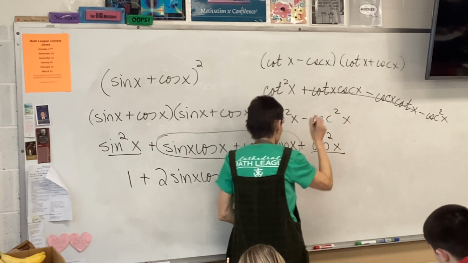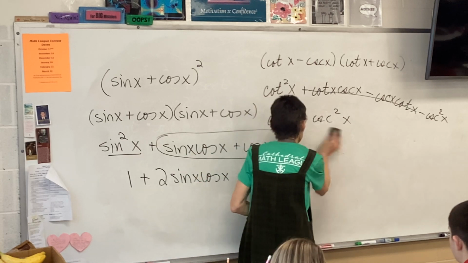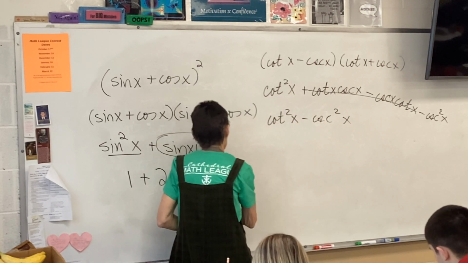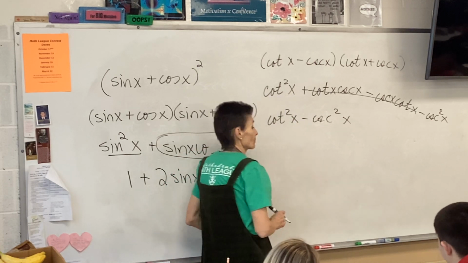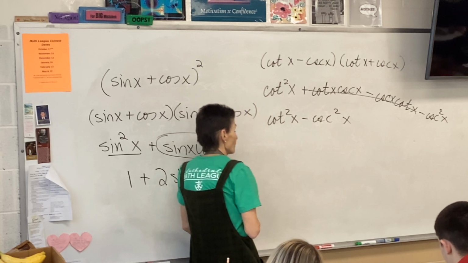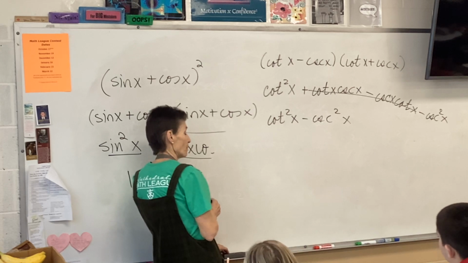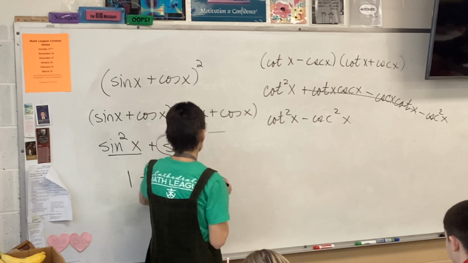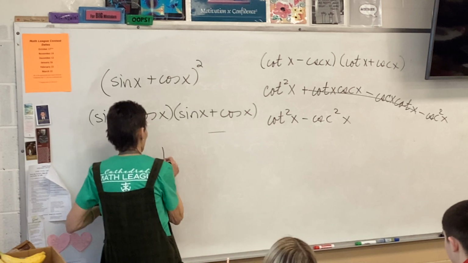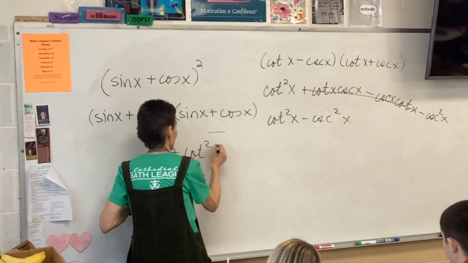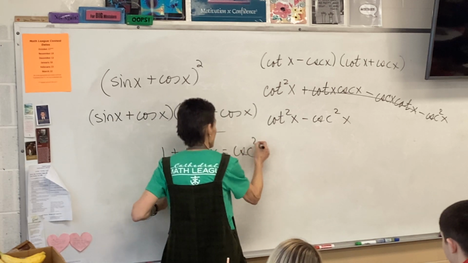Now, Tilly, what were you saying? I think you were saying something important. In the box, one of your Pythagorean identities says 1 plus cotangent squared equals cosecant squared.